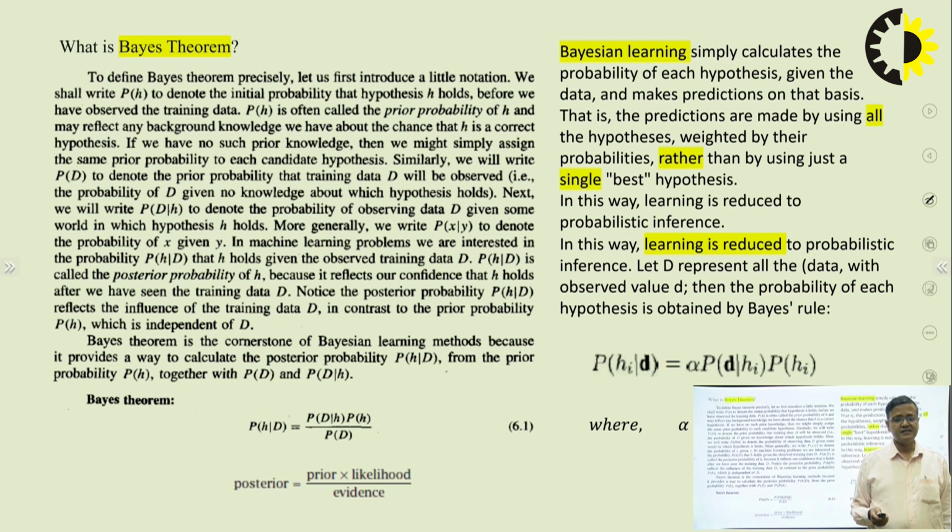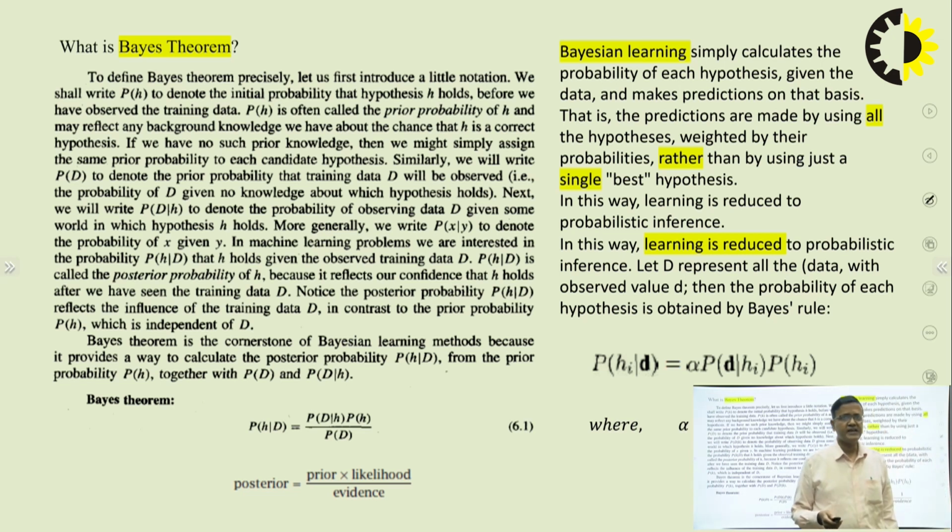When we select all the hypotheses, they are weighted by their prior probabilities and the probability of the data given the hypothesis.